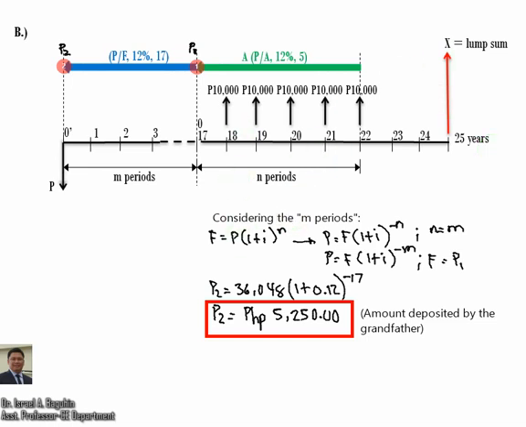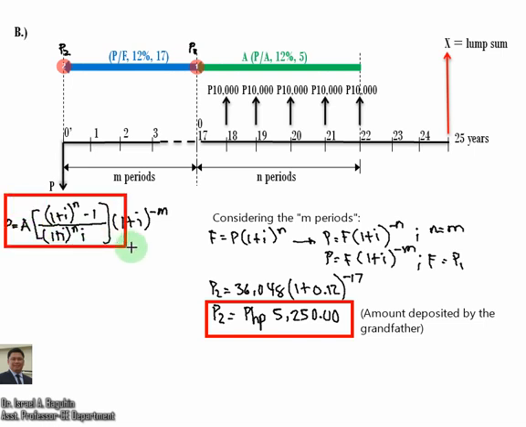So our P is equal to annuity times this quantity 1 plus I raised to the n minus 1 all over 1 plus I raised to the n times I, and then we multiply this with 1 plus I raised to the negative m.